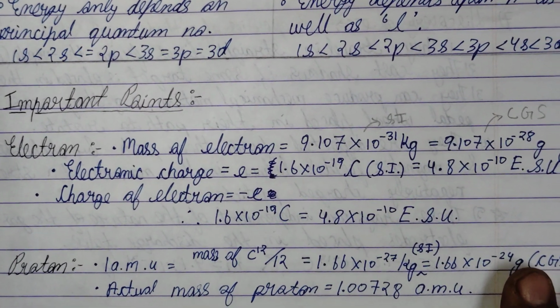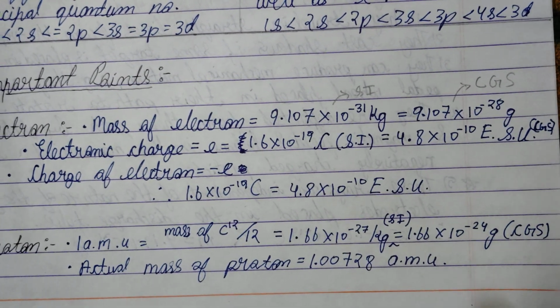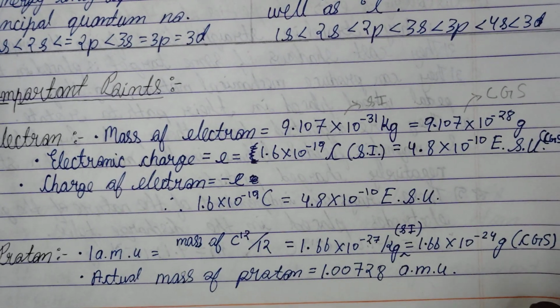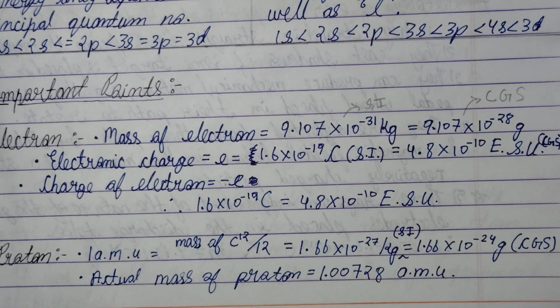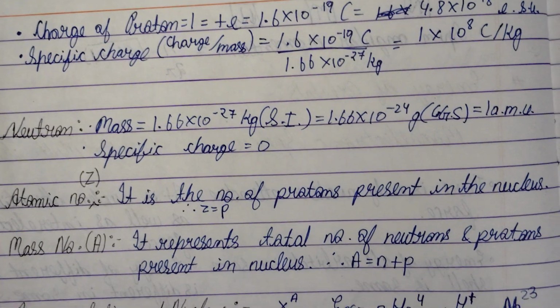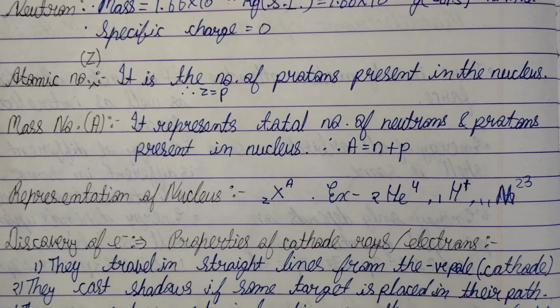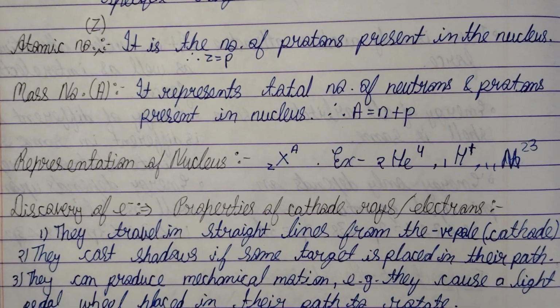And next, important points on electron: mass of electron, charge of electron, proton mass and proton charge. Next is neutron's mass and charge. Charge is 0 in neutron. Next, atomic number definition, mass number definition.